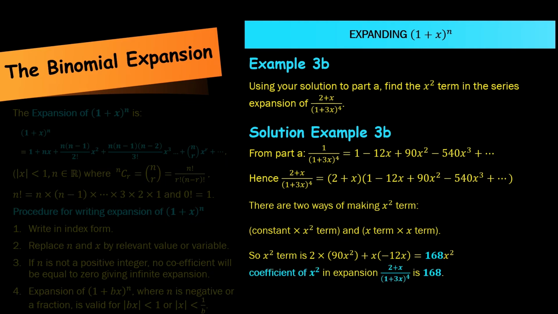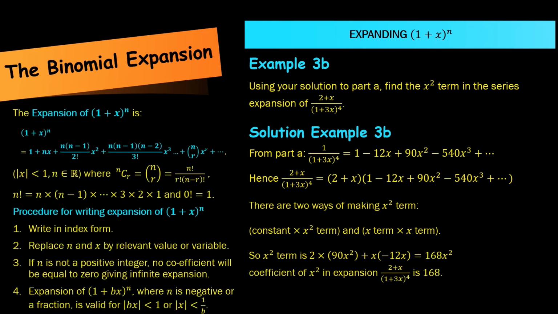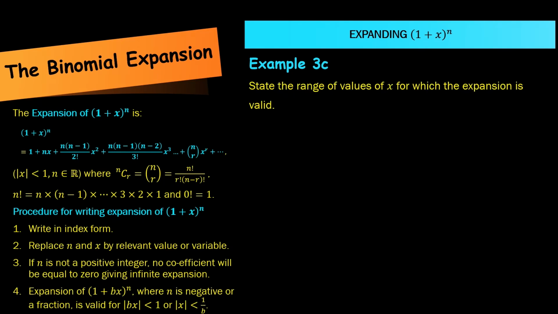Therefore, the coefficient of x squared in the expansion is 168. And now for part C, we are required to state the range of values of x for which the expansion is valid.